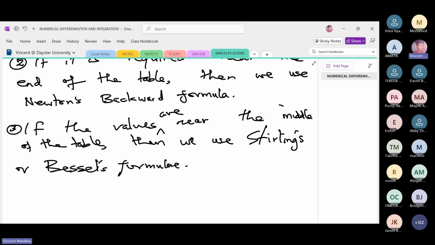So that is the case of equally spaced mesh points.